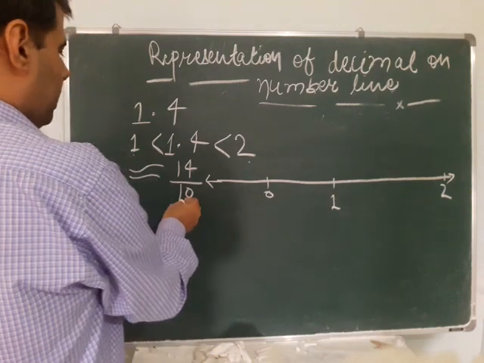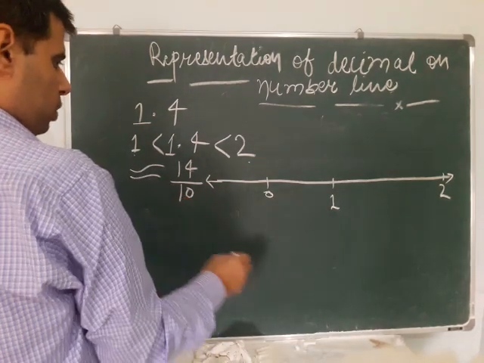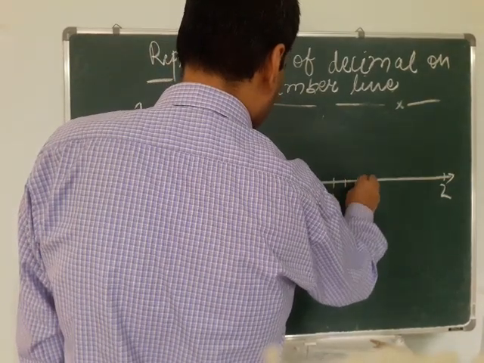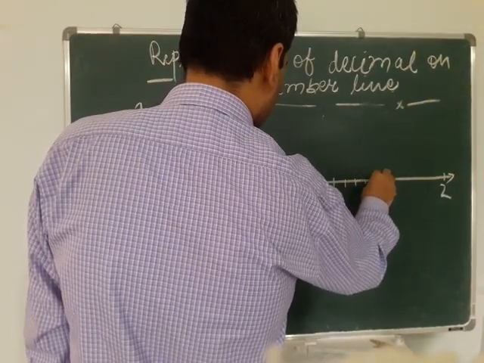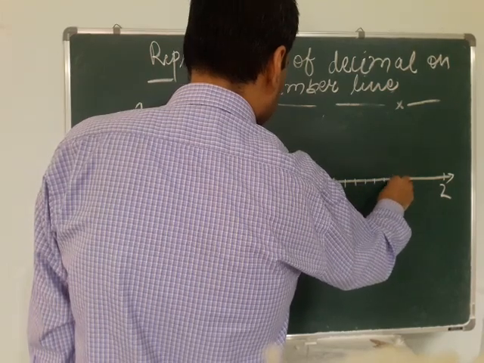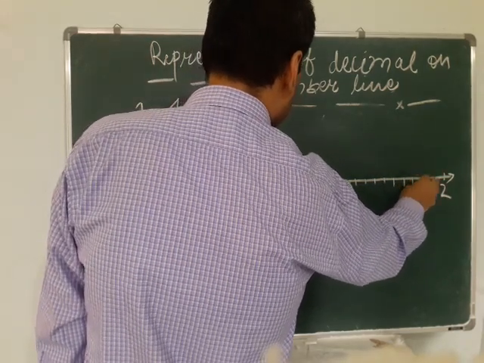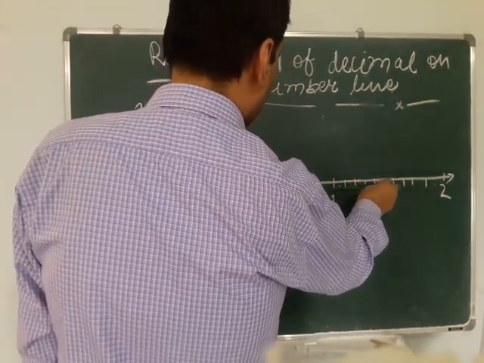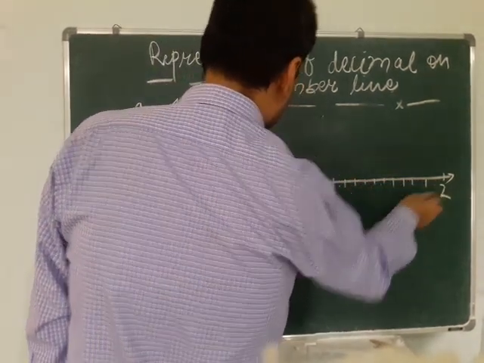Here in the denominator we have 10, so we will divide the region between 1 and 2 into 10 equal divisions. It will be 1, 2, 3, 4, 5, 6, 7, 8, 9 and 10.